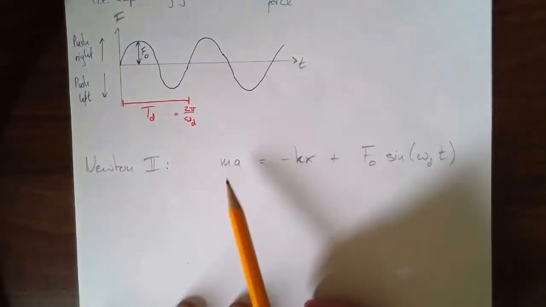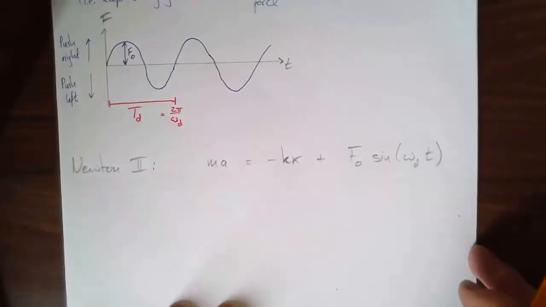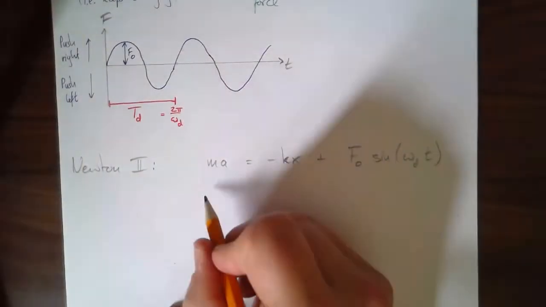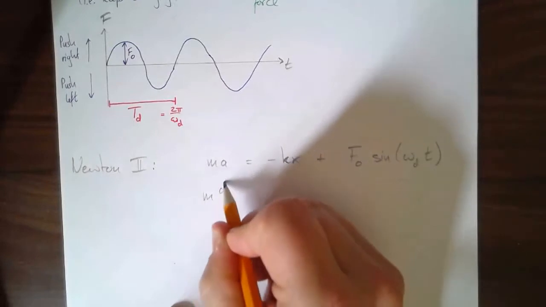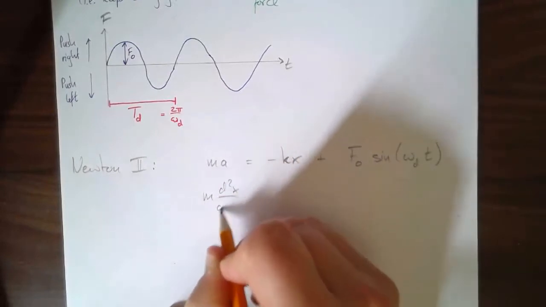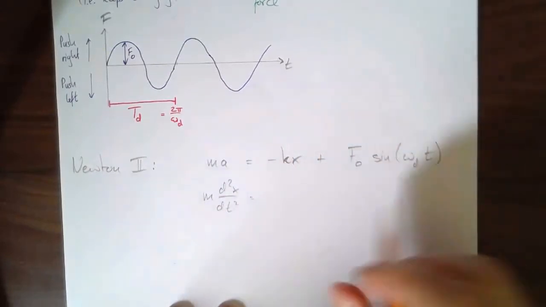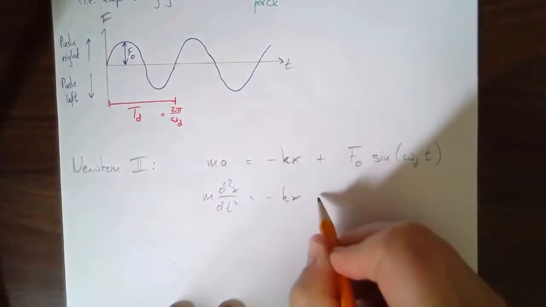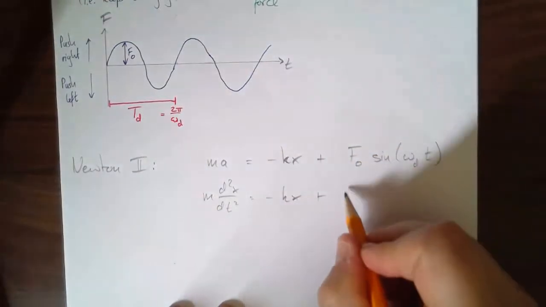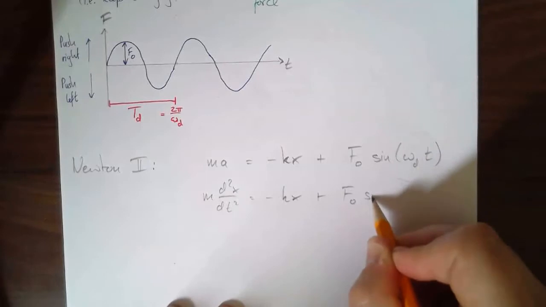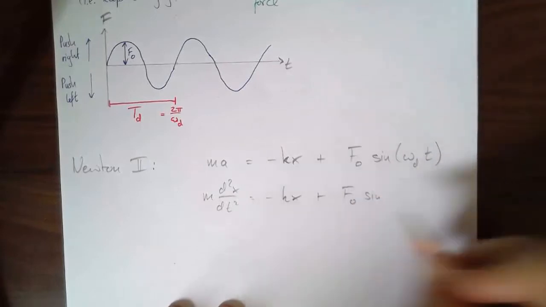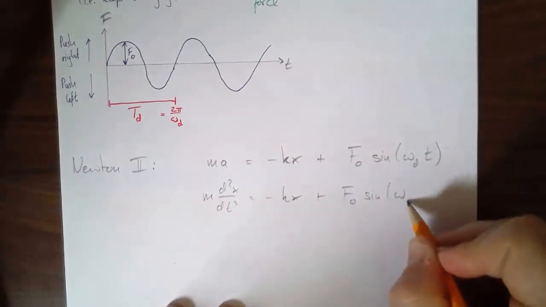So let's write this as an equation of motion. m d2x dt squared is equal to minus kx plus F naught sine omega d t. There's nothing to do here, this is just a function of time. This is a constant, 10 newtons, 100 newtons, who knows?